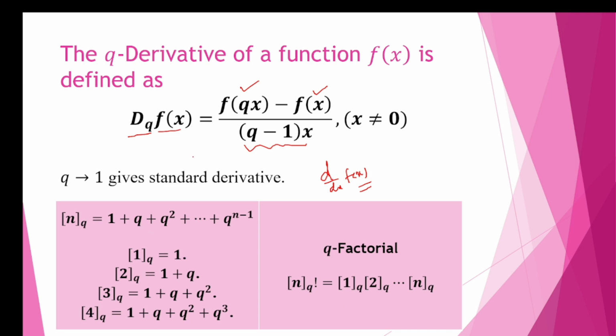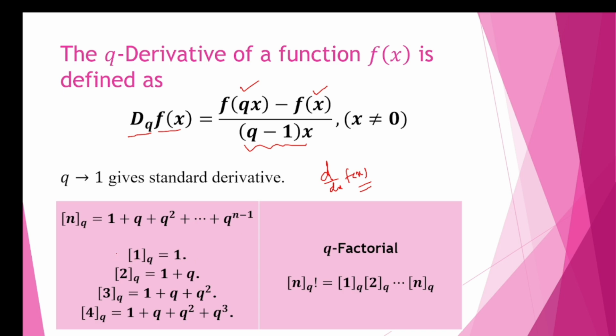Now, in finding the derivative of various standard functions, the formula such as the bracketed nq will be very useful and we will come across it many times. It is 1 plus q plus q square and so on, up to q to the power n minus 1.